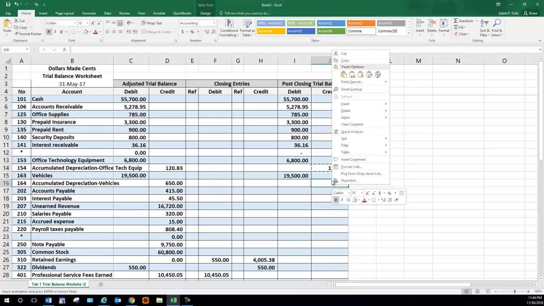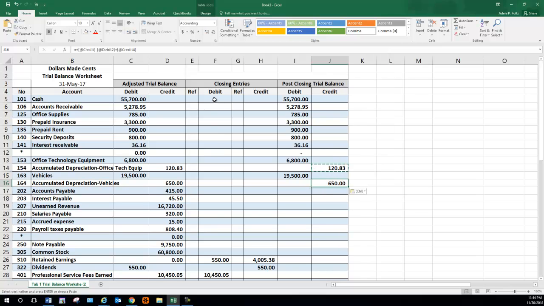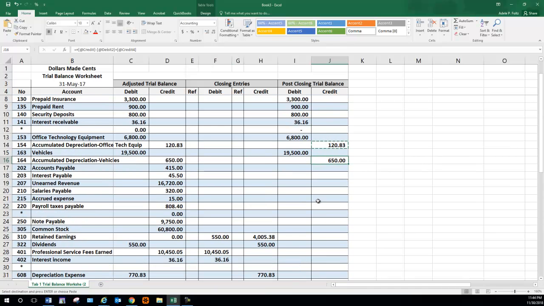Did I have to do that? No, because there weren't any entries in here, but I'm just simply showing you, again, what you should have been doing in Part B when using the spreadsheet. Okay. Again, you can do that math. You don't have to use Excel. You can do it on your calculator.